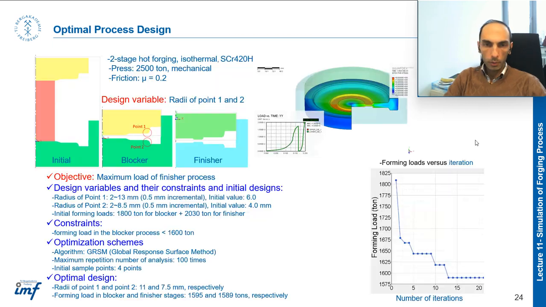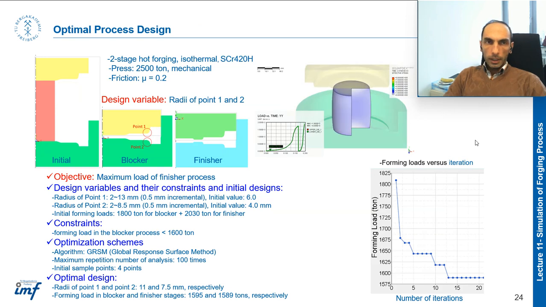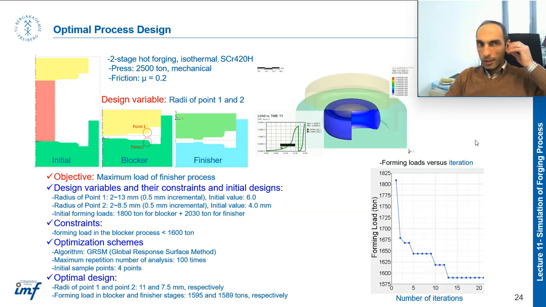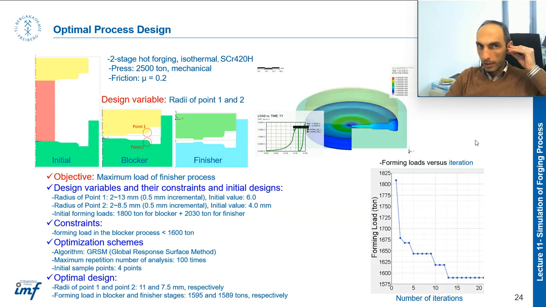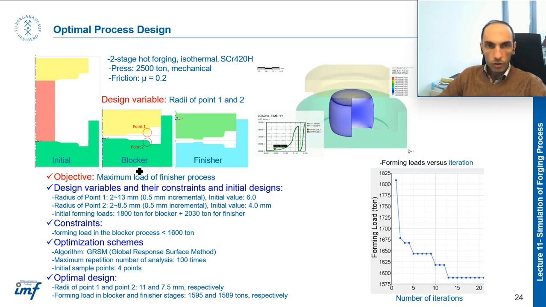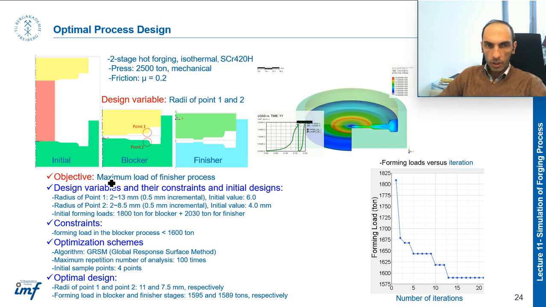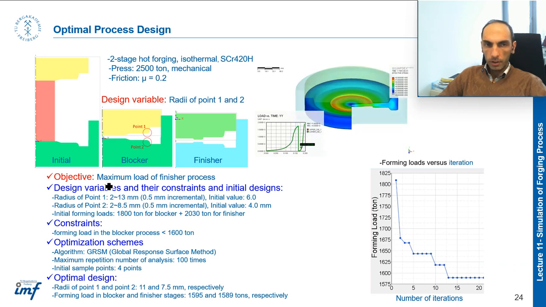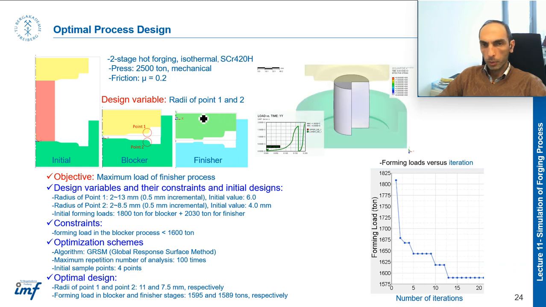So, I think this is the last example for optimization of a process design. As you can see, it's a two-stage forging process, and we have an objective in the optimization: the maximum load of the finisher. We want to reduce the maximum load in the finisher.